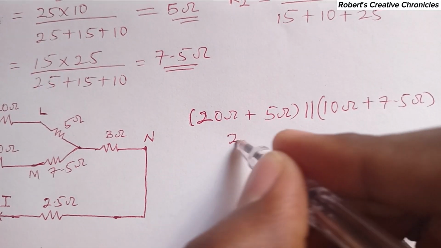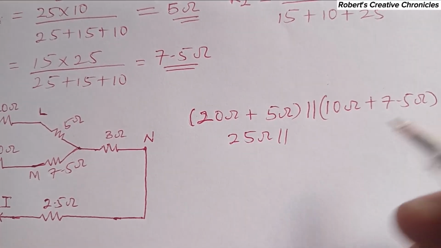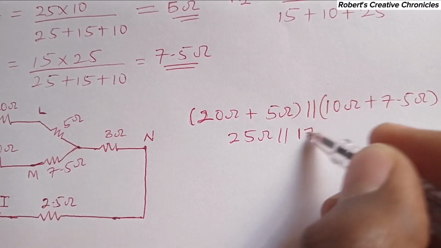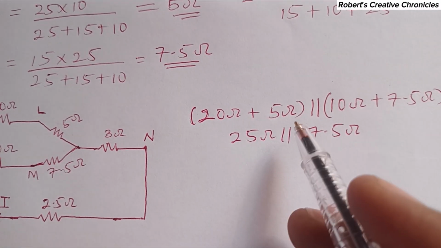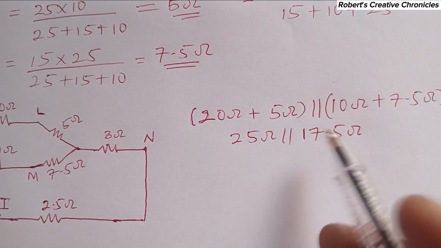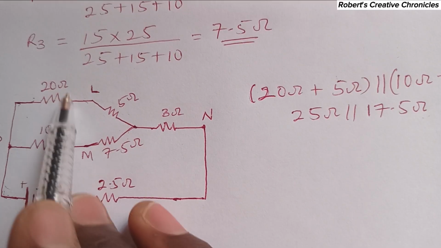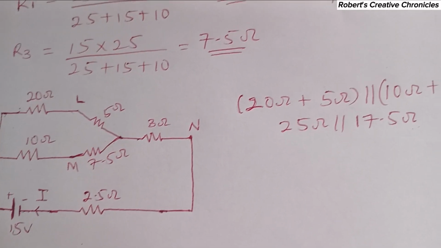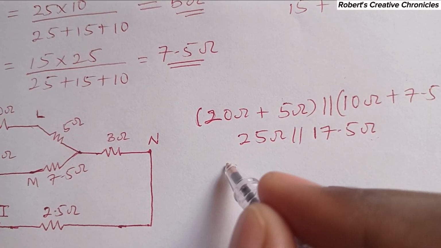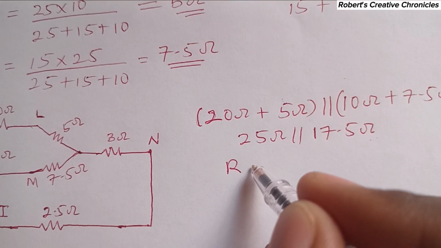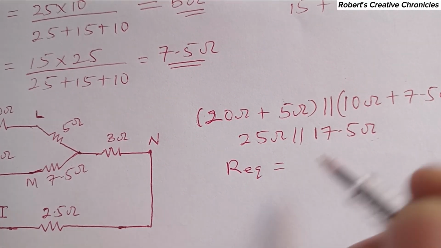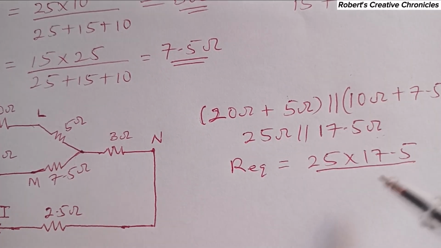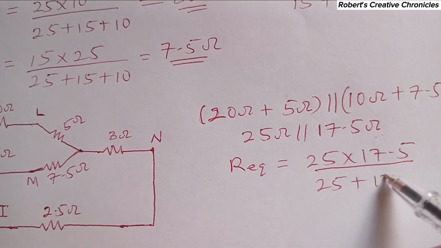Therefore, 25 ohm is parallel to 17.5 ohm. Now, since these are two resistors, these two resistors will be parallel to each other. And the equivalent resistance is what? It is product over sum, so 25 times 17.5 over the sum, which is 25 plus 17.5.